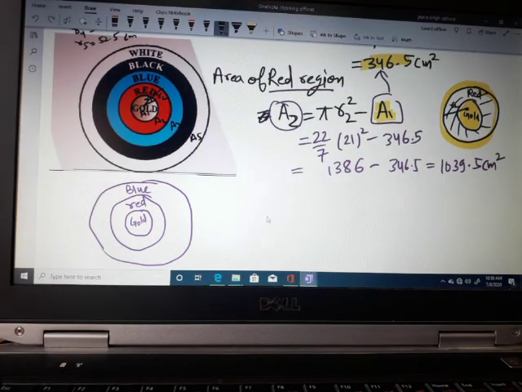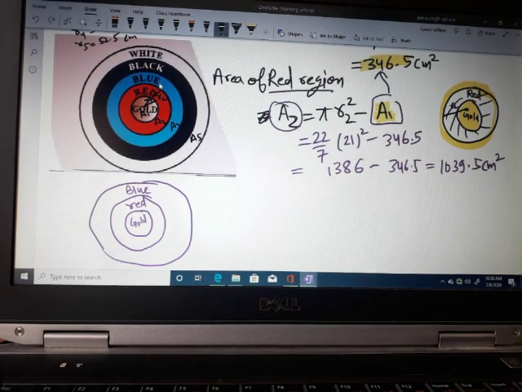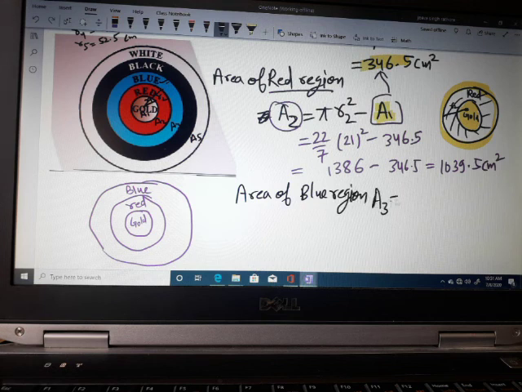Next, similarly, to find the area of the next part, the blue region, that is A3. You find the area of this blue region having radius R3. You have to subtract the red region as well as the interior gold region, these two regions, from this complete part.